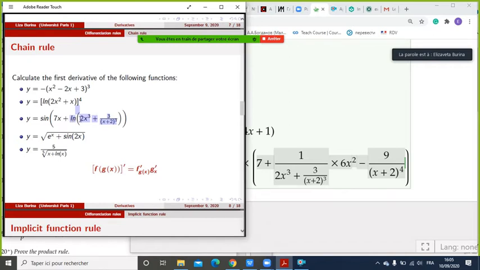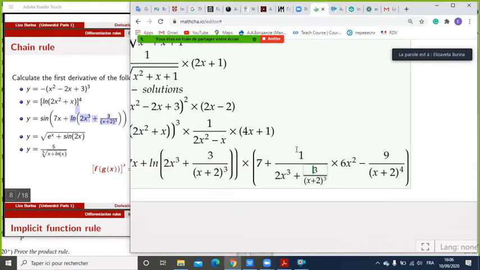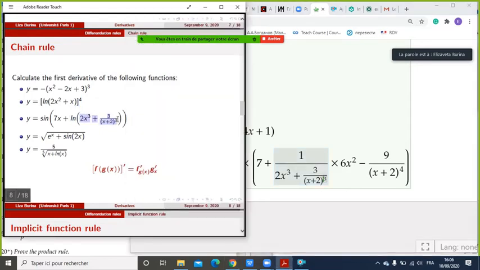Let me finish the explanation. So with the 7x we dealt, it's just 7, and then the derivative of this, we see that the outer function is the logarithm. So okay, perfect, the derivative of this will be this, right? Well, this is just how logarithm work. And then let me take the derivative of the inner function, finally.